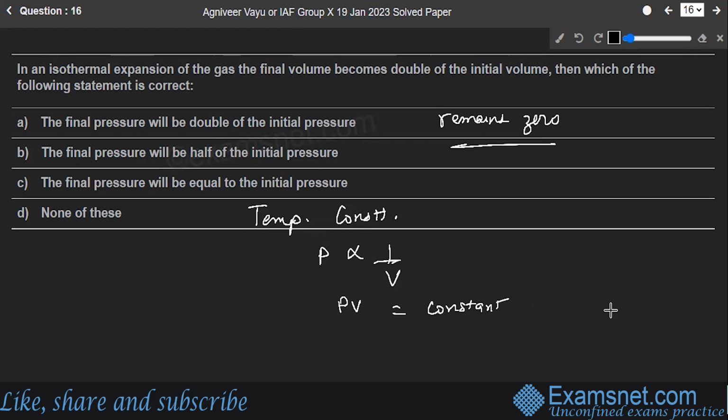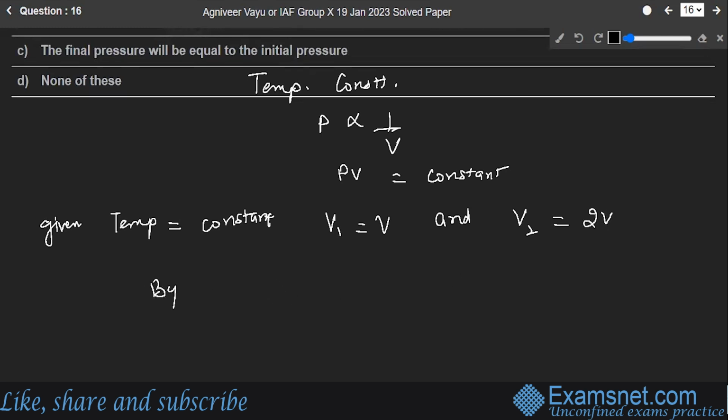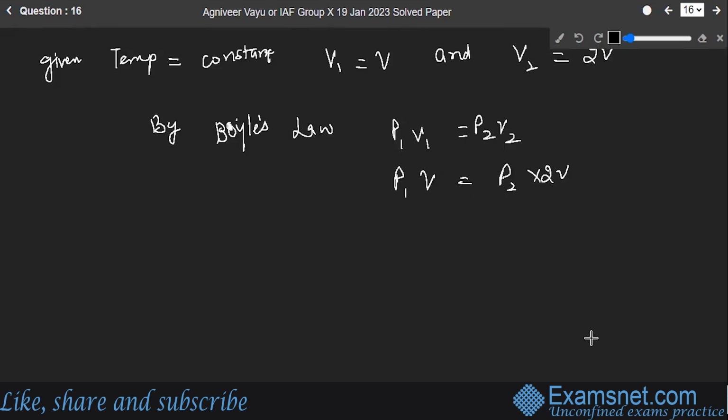Now, given temperature is constant, V1 is equal to V and V2 is equal to 2V. By Boyle's law, P1 V1 is equal to P2 V2, which means P1 V is equal to P2 into 2V.